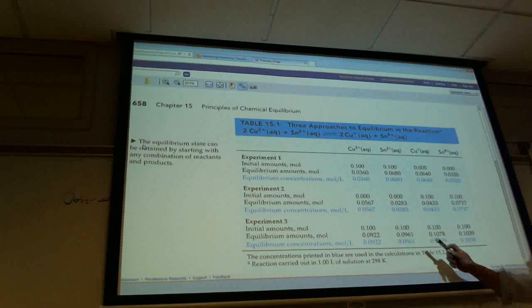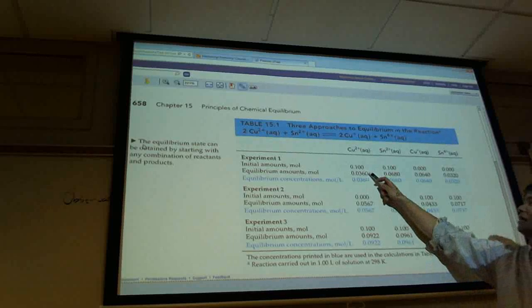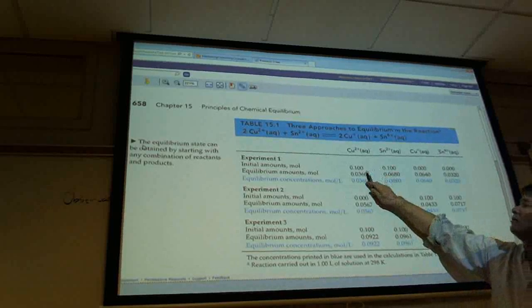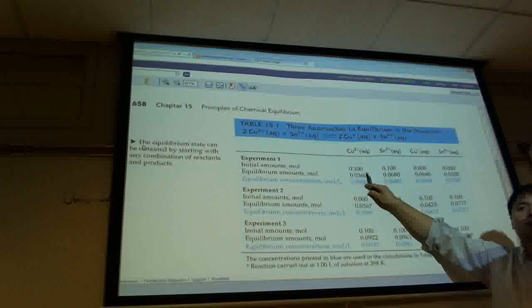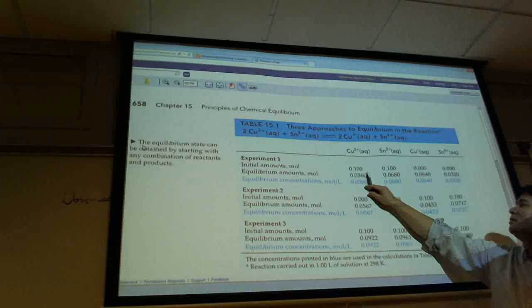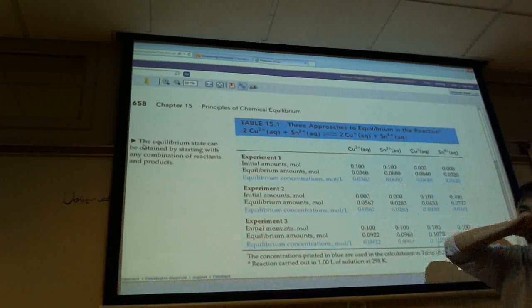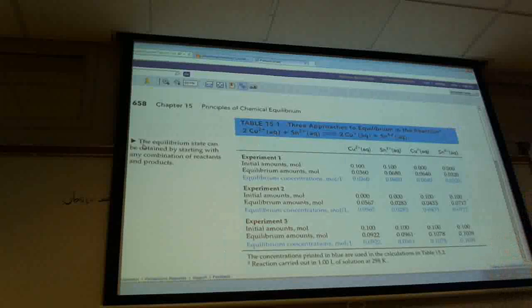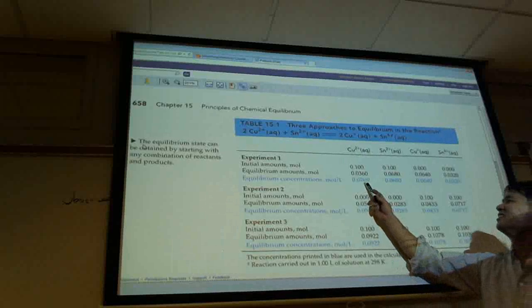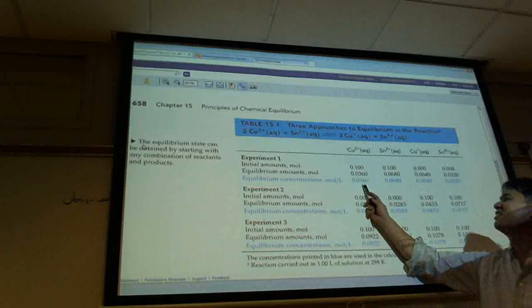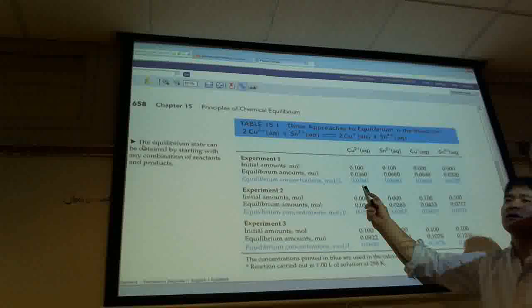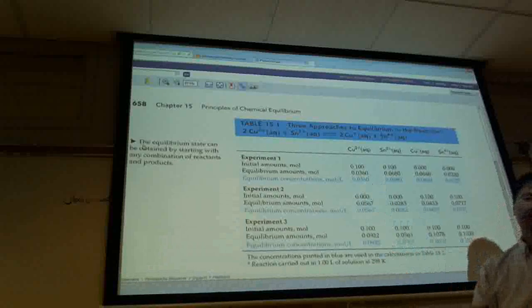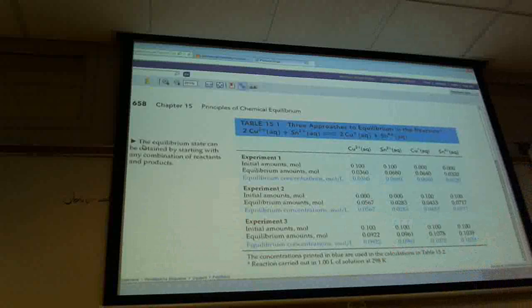Now, what percentage of the limiting reactant reacted? It looks like 36% reacted. Do you see that? 36% of the limiting reactant. Oh, yeah, you're right. Sorry, that's a leftover. So if that's how much is left over, then how much was consumed? 64%. Only 64% of the limiting reactant was reacted. Everybody see that?